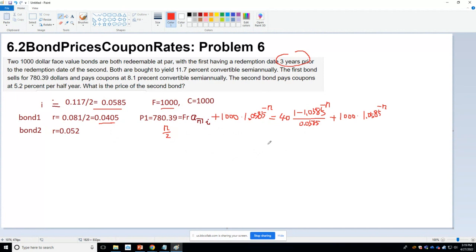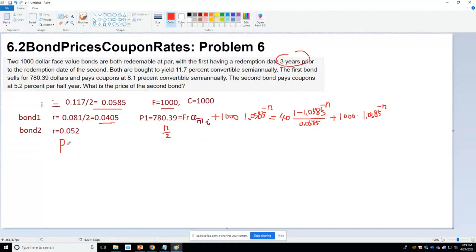Okay, so this is an equation. We are supposed to solve for n from this equation. Can we solve for n from this equation? Yes, we can solve for n from this equation.